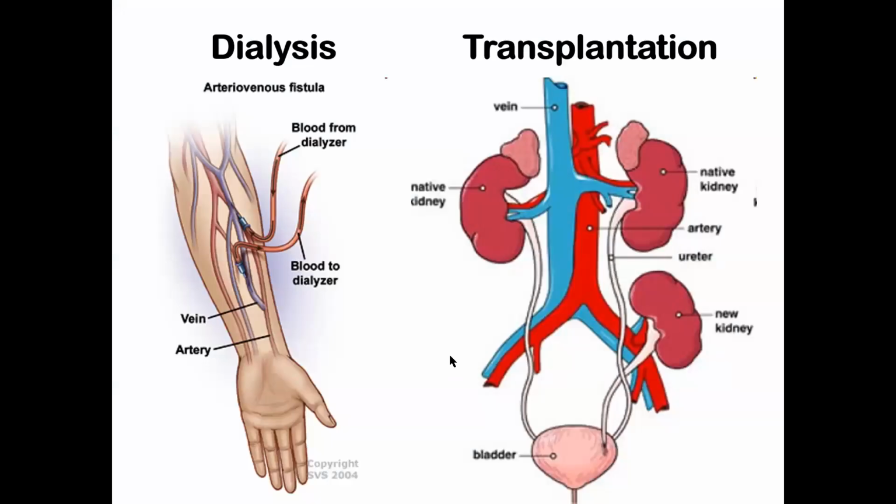So what happens when your kidneys fail? Before that, I might mention that when they transplant a new kidney in, you've got to get the right markers on the kidney so the body doesn't destroy it.